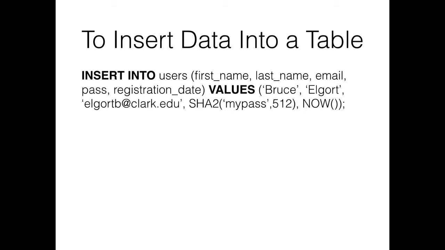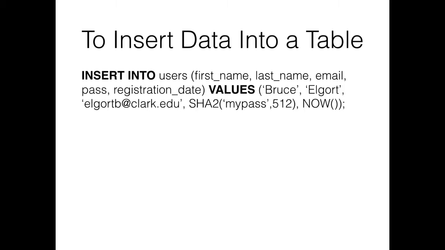Okay, so next. To insert data into a table, here is an example for users. The SQL would be insert into users, and then the column names: first name, last name, email, password, registration date, values, and then Bruce for the first name, Elgort for the last name. There's my email address. And then there's this function called SHA-2.